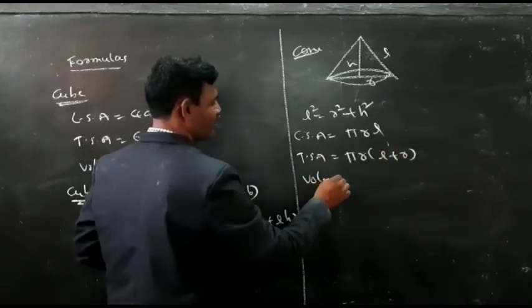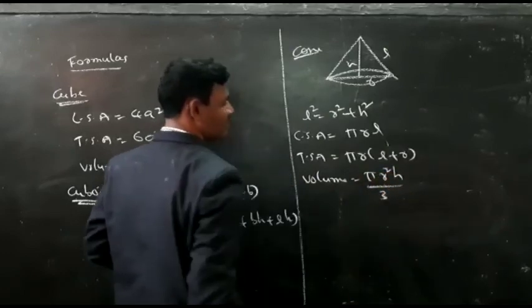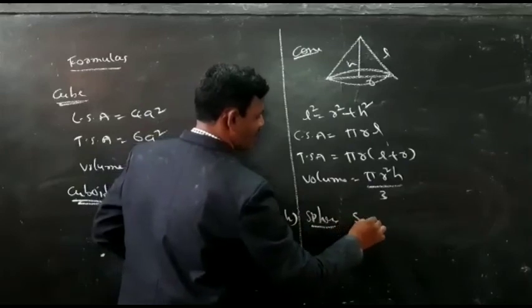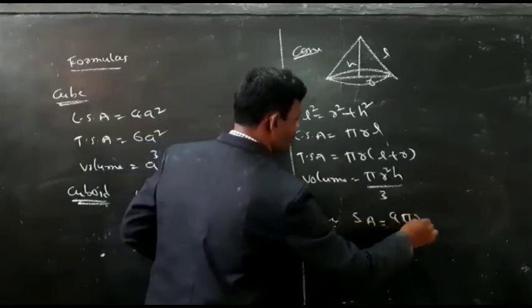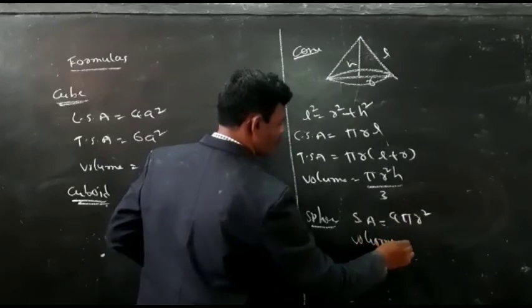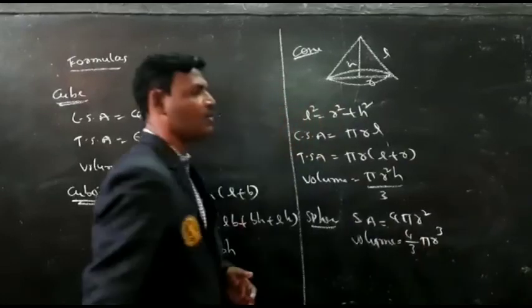Volume of cone is equal to pi R square H by 3. Next, sphere. Surface area is equal to 4 pi R square. Volume is equal to 4 by 3 pi r cube.